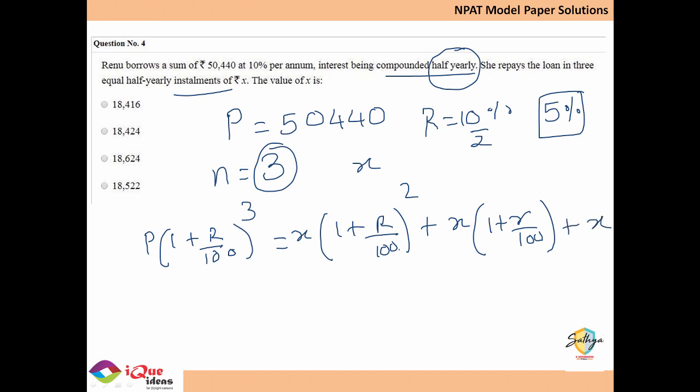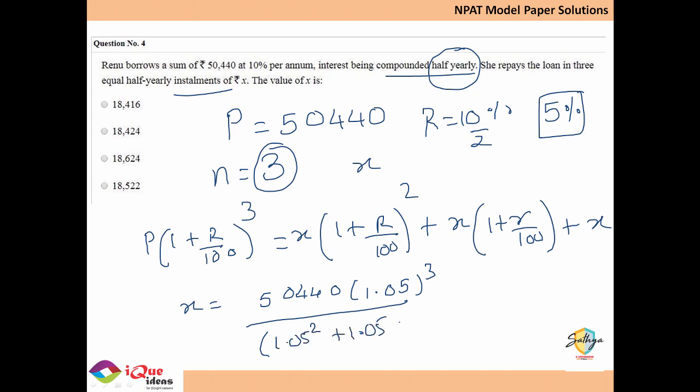So substituting the values, the final equation that you will get is x can be calculated as 50440 into 1.05 the whole raised to 3, the whole divided by (1.05 square plus 1.05 plus 1). The simplification of this gives you the answer as 18522.